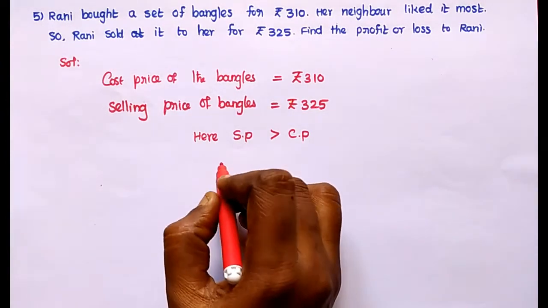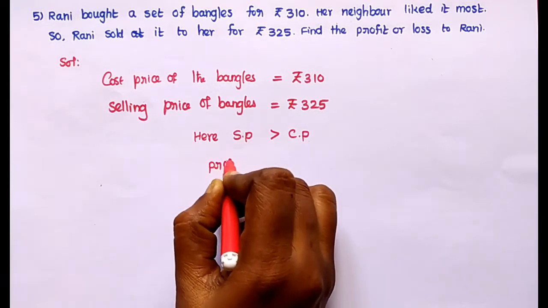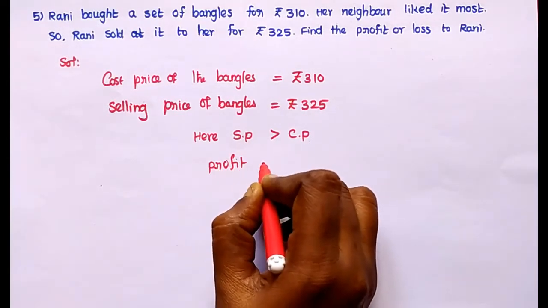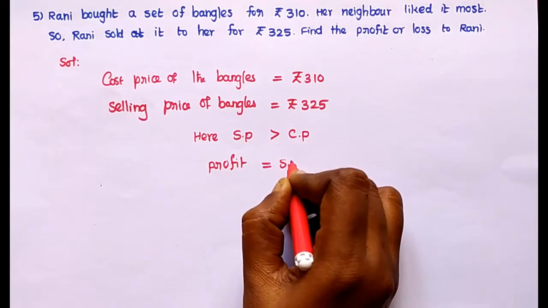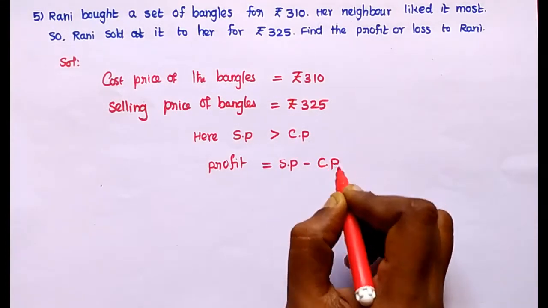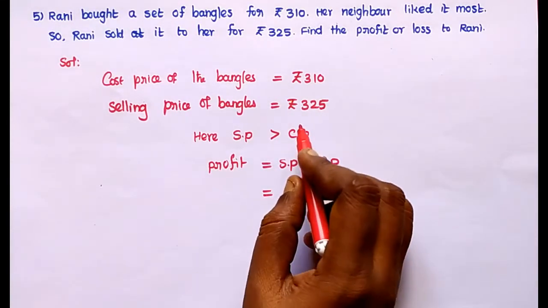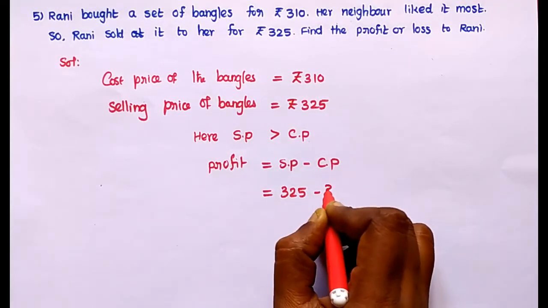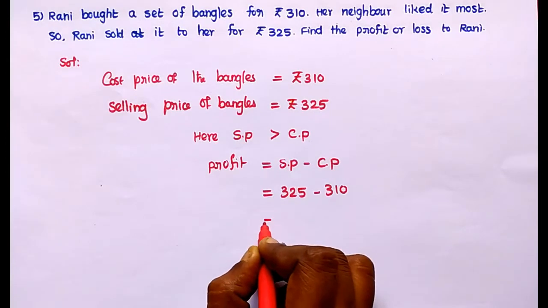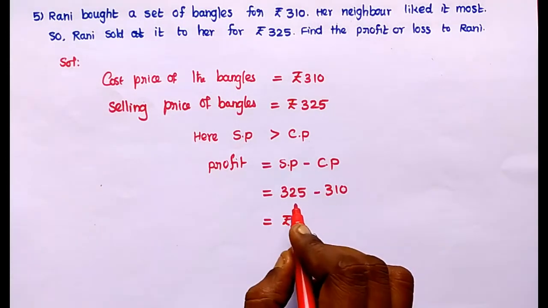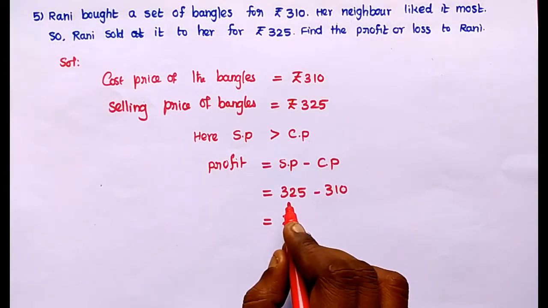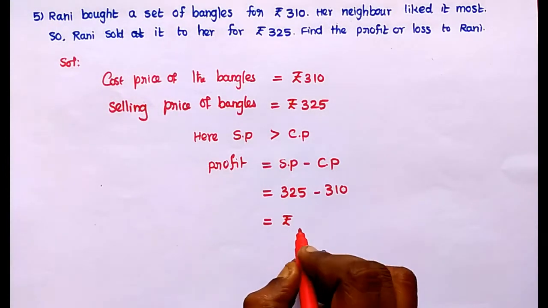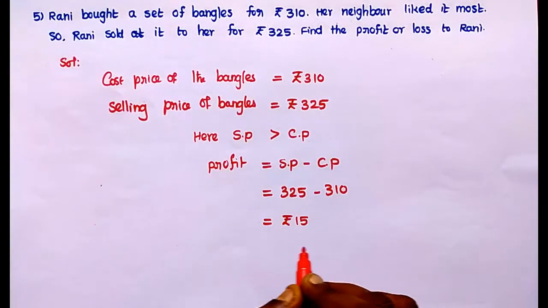Profit. So profit equal to selling price minus cost price. How much profit? That is 325 minus 310 means you get 15 rupees profit.